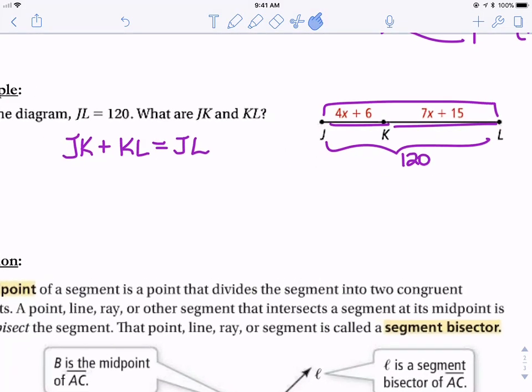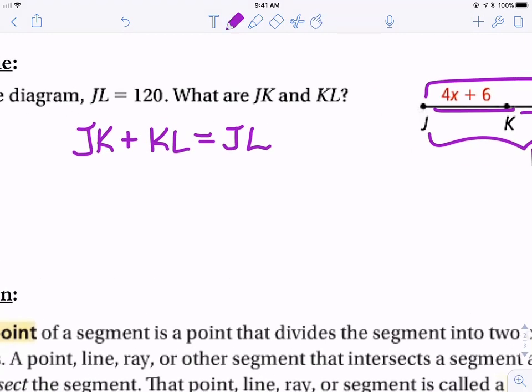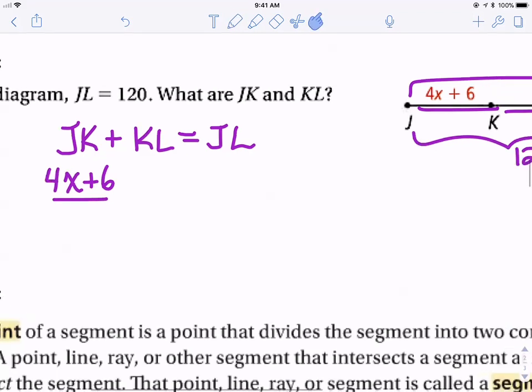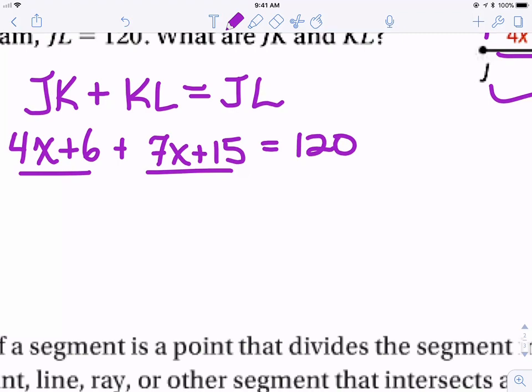Now the problem says, what are JK and KL? So we're going to find the value of x that is in the expressions there, and then go from there. JK is 4x plus 6, and then KL is 7x plus 15. And they told you the whole entire length was 120.